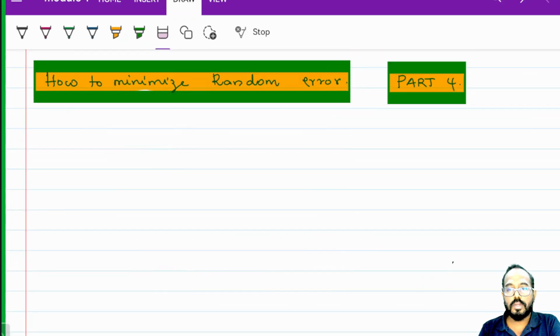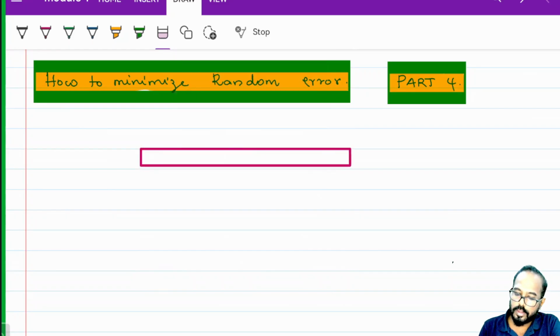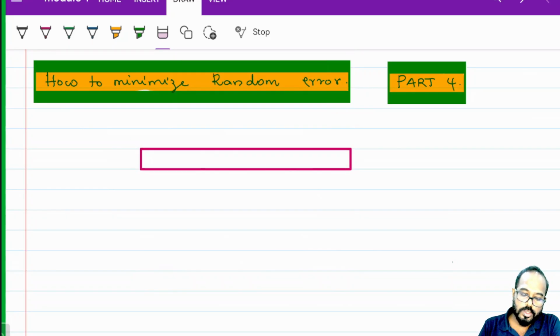If I'm asking you to measure the length of a pencil, what you will do, you will take a scale and you will start measuring it, right? Suppose a scale is there. This is a scale and you need to measure the length of a pencil. So the scale will have divisions, right? The 0 will start from here. 1, 2.